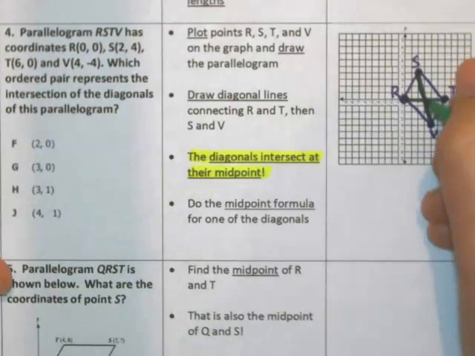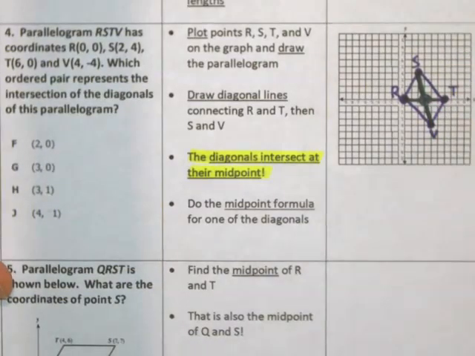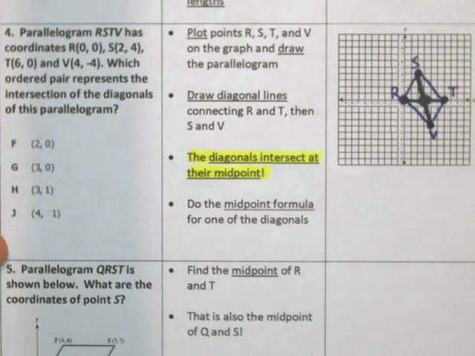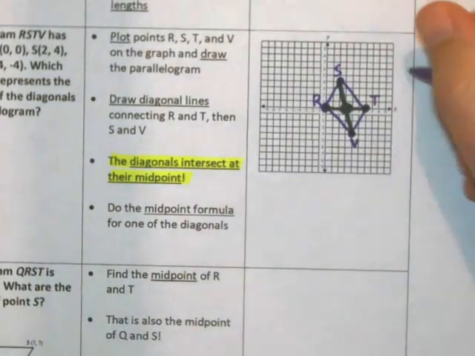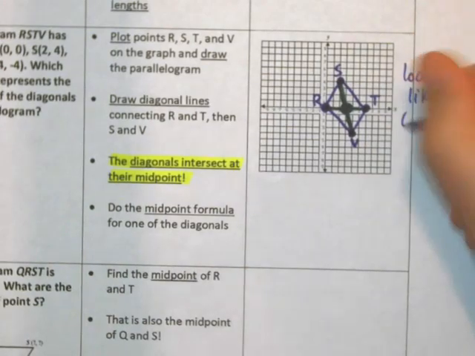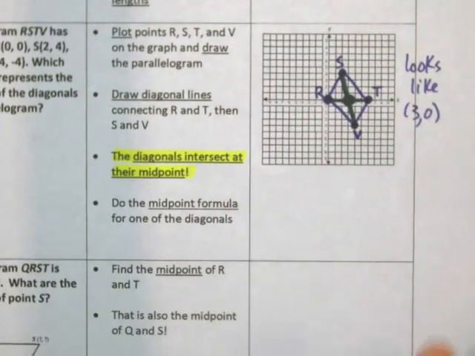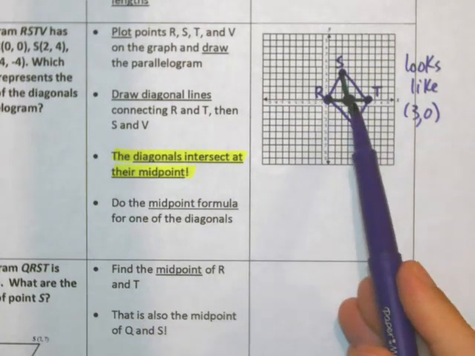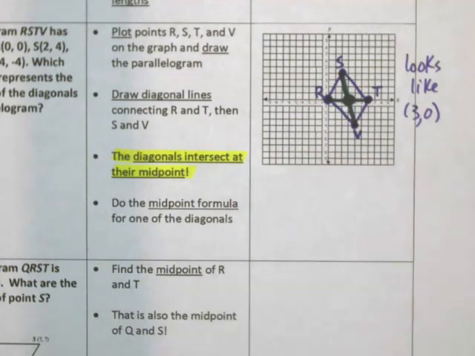Now, where these diagonals intersect on the graph, inside that parallelogram, it looks to be 3, 0. But we would rather mathematically confirm this. So if the diagonals intersect at their midpoint, we should do the midpoint formula.